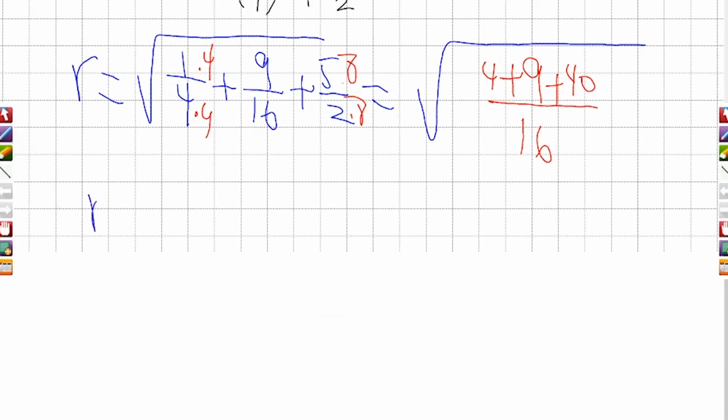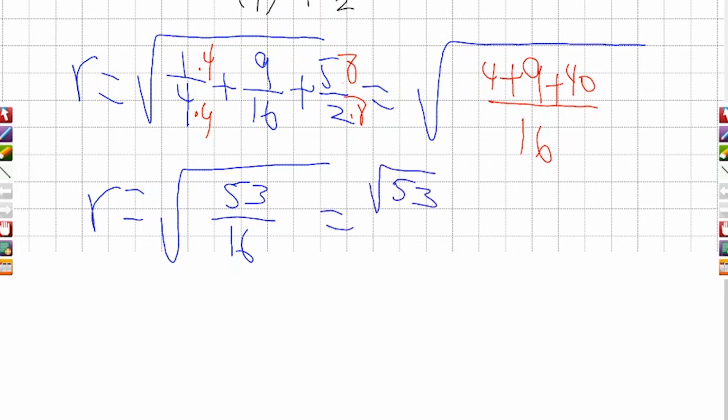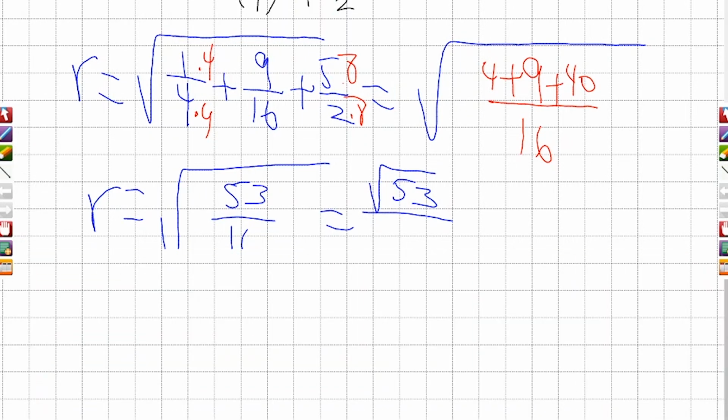Then R equals the square root of 53 over 16. But the square root of 16 from radical class is 4, right?